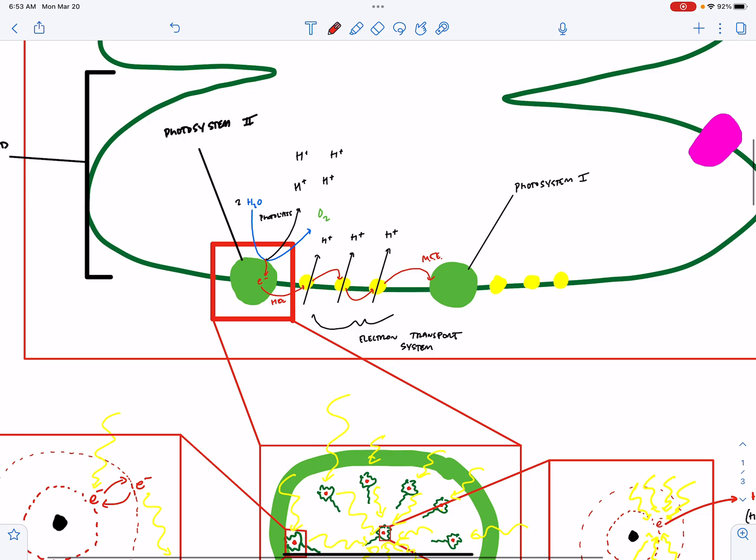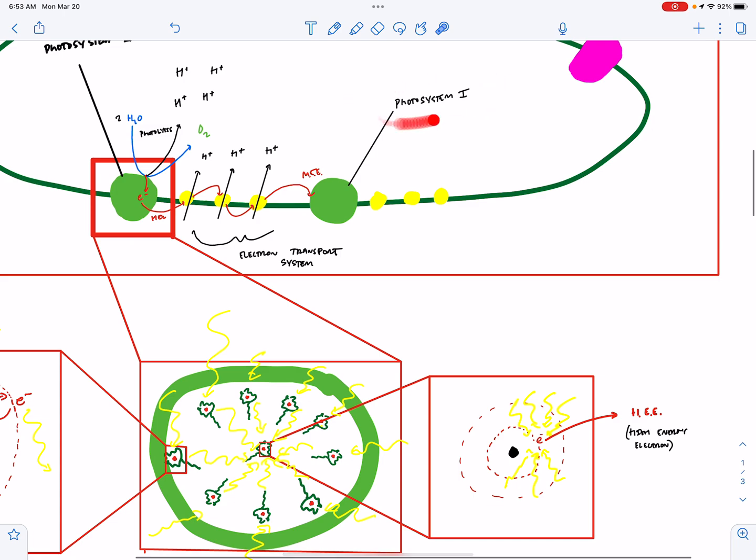It's not as low energy as when we stripped it off of this water molecule before we excited it in the photosystem, but it's a lot lower than it was when we excited it using photons of light that were collected in this photosystem. But we used a bunch of that energy to pump hydrogen in. So arriving here, it's a medium energy electron.